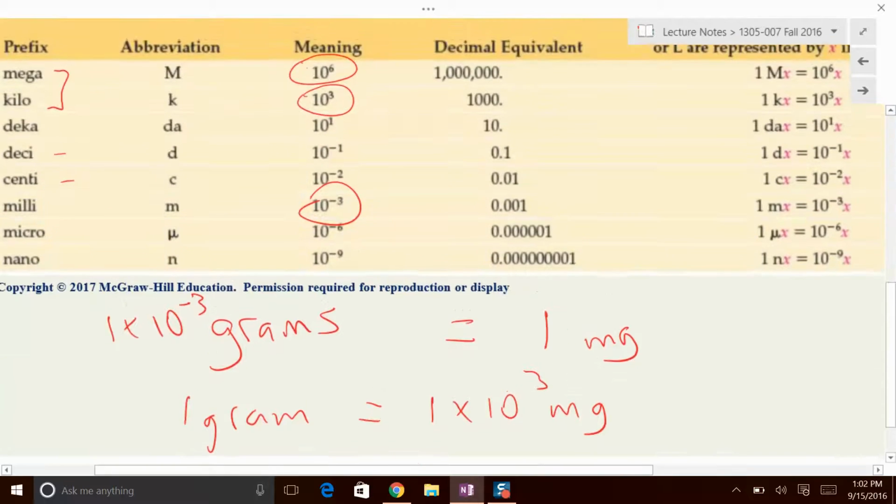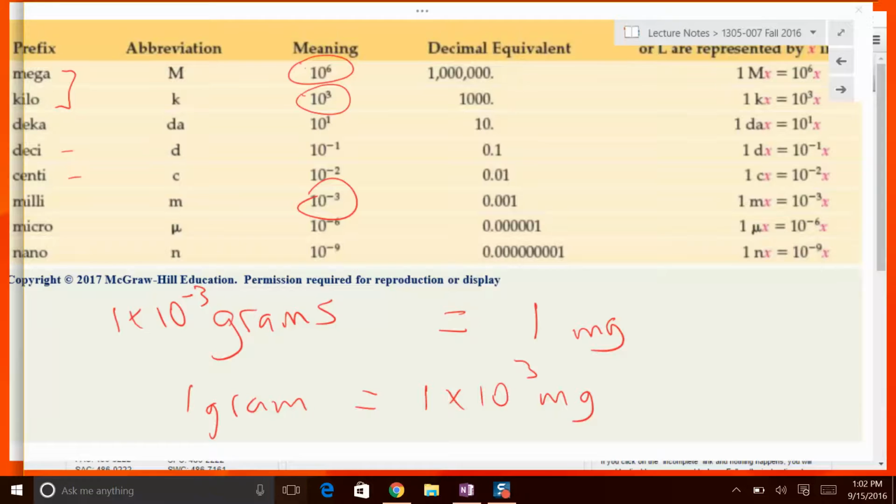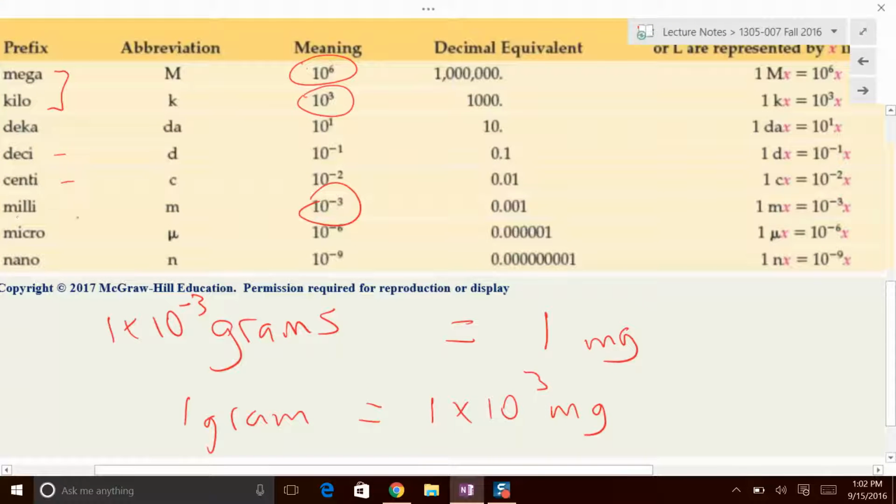Okay? And milli is probably the one that we're going to use the most. So that's the one you need to really be familiar with. Milli and kilo. We'll use those a lot. So you need to remember how to do those conversions between milli and kilo, because I will not give you a conversion factor for it.